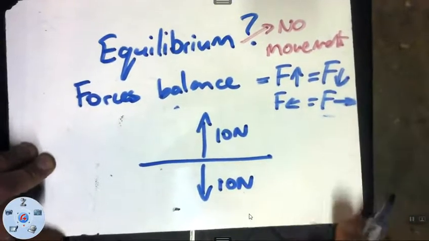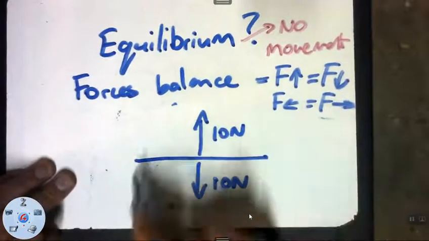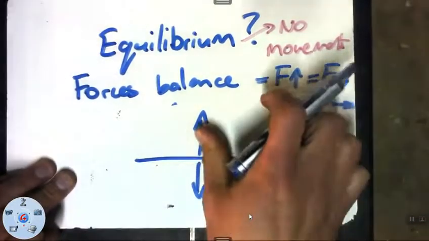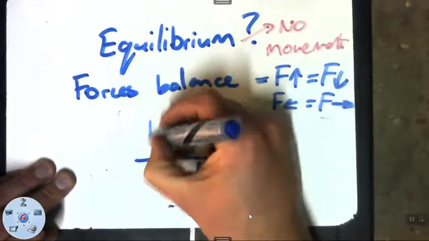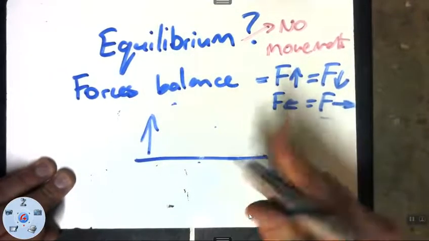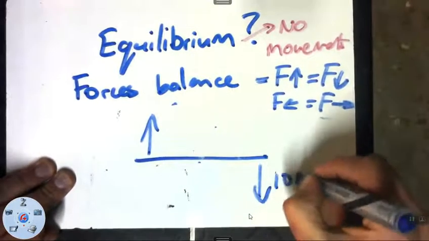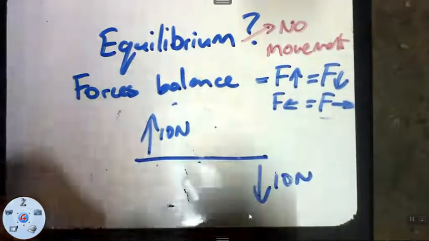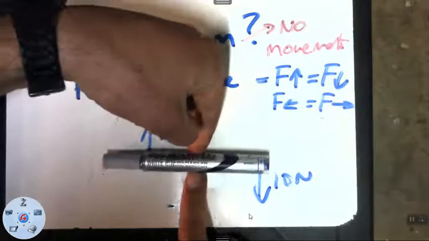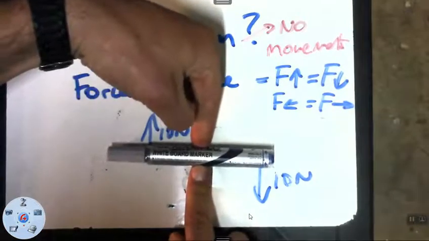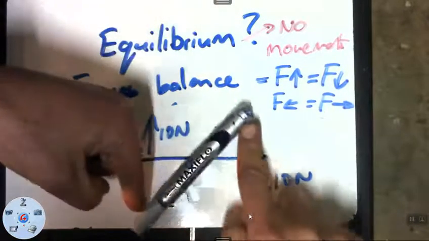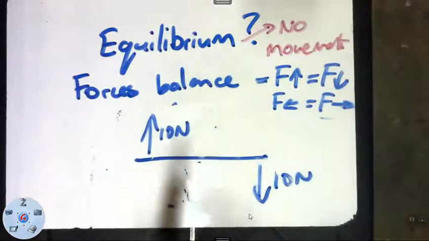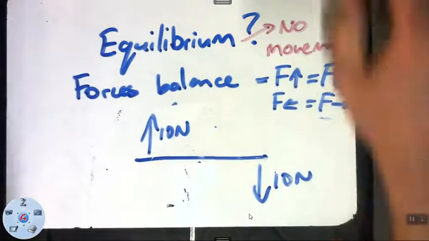Now obviously there's no forces to the right or the left here, so this would technically be balanced. But what would happen if I do this? There is still an upwards force and a downwards force, but now my forces are not together. They're opposite to each other, and that's going to cause a turning effect.